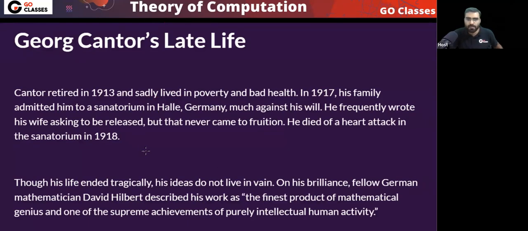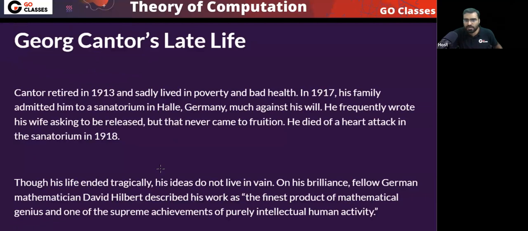Now let me tell you that after a few years after he died, people started realizing how great his work was. The significance of his work was realized after he died. Many mathematicians called him the finest product of mathematical genius. So this is what happened after George Cantor was gone.